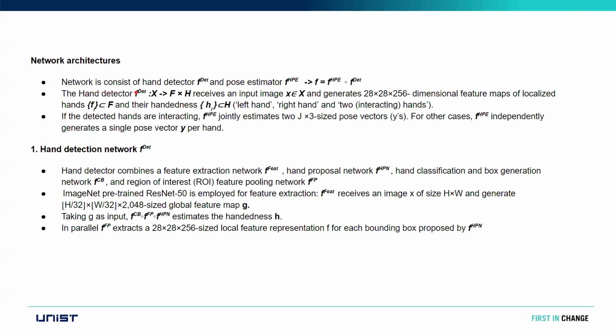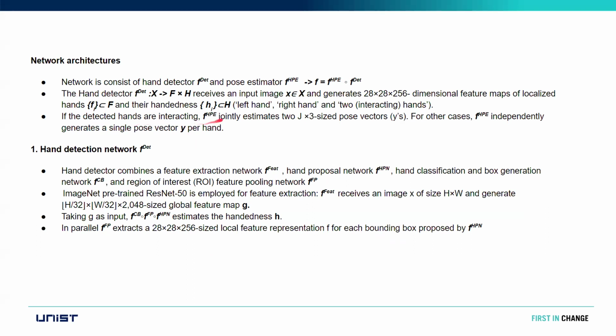The hand detector receives an input image and generates feature maps of localized hands and their handedness, meaning whether it is a left hand, a right hand, or interacting hands.